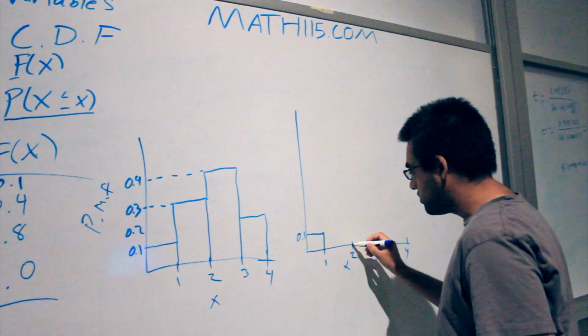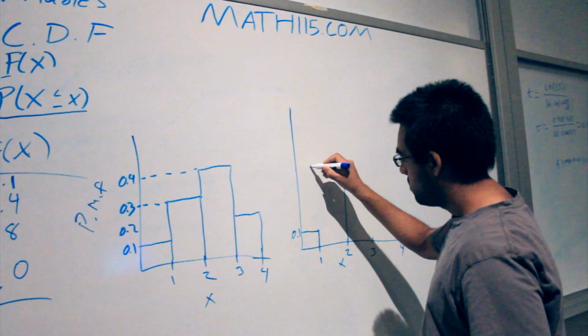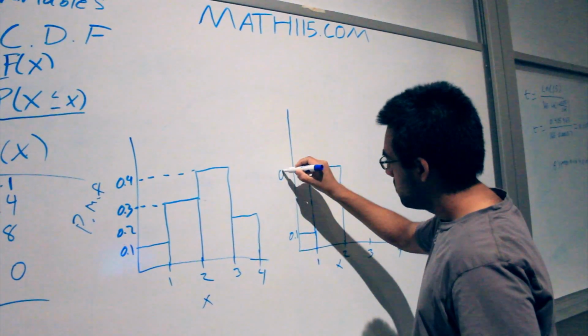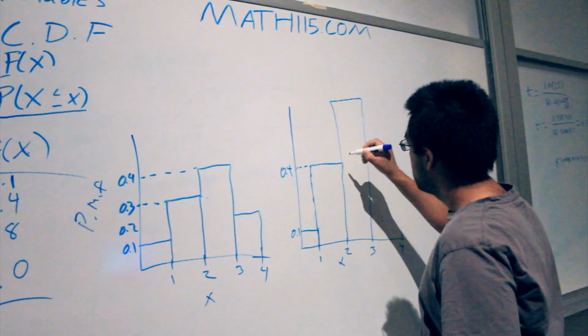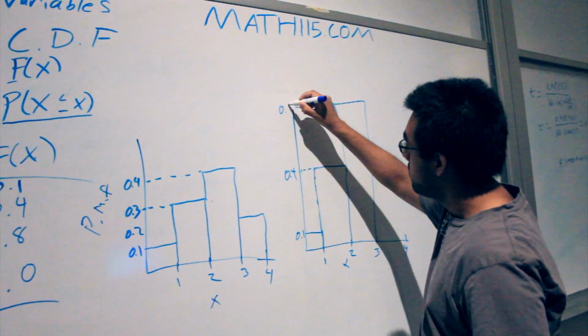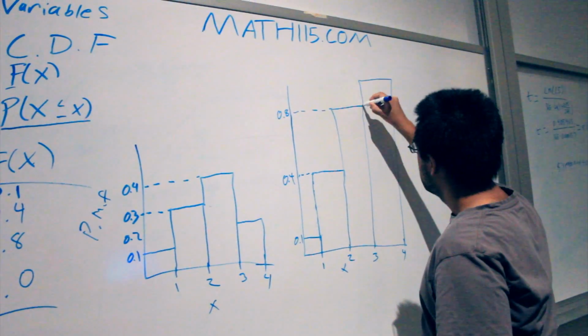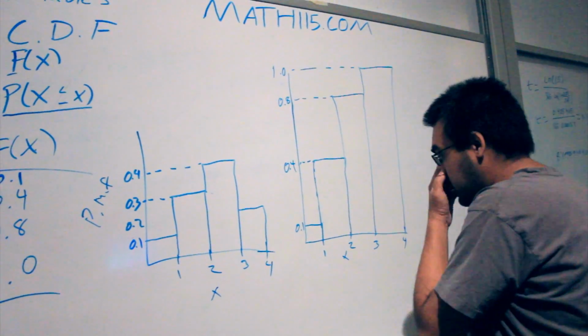The CDF of 2 is 0.4. Then 0.8. And finally 1.